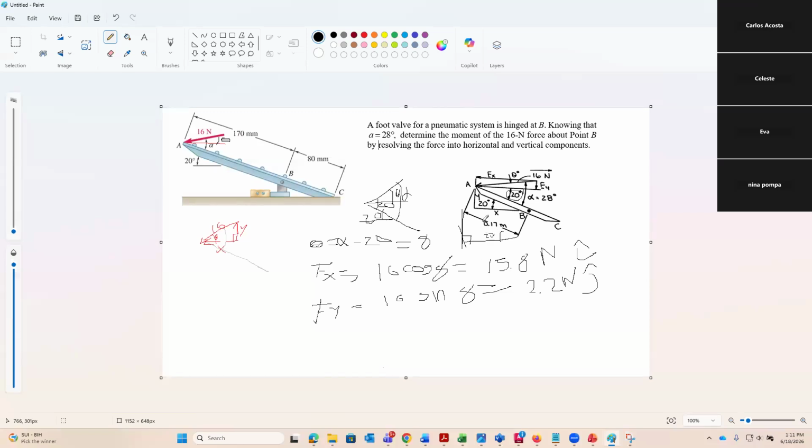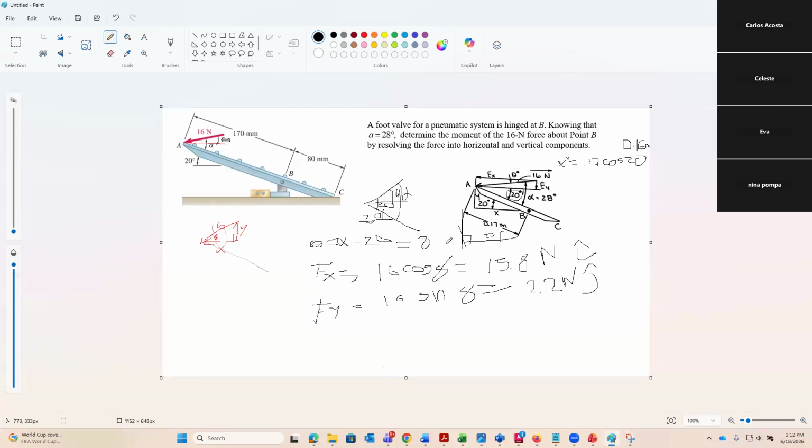So what is 0.17 cosine 20? 0.17 cosine 20 equals 0.16. Beautiful. This is meters, and this is this component.